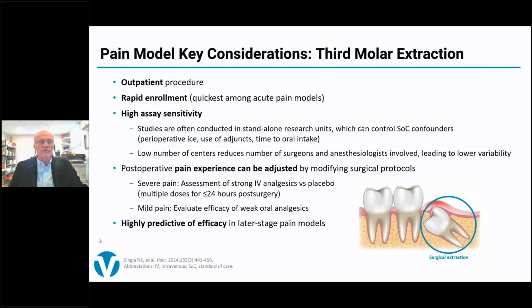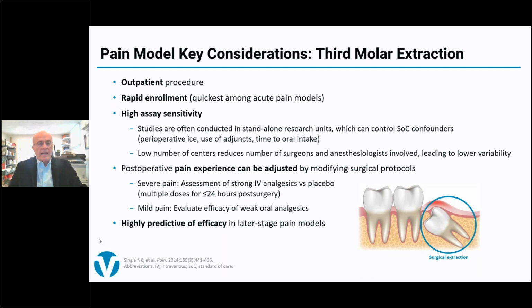So the interval of assessments for efficacy would generally be under 24 hours. It's considered mild pain in comparison to some of the other pain models like a total knee or bunionectomy or abdominoplasty.